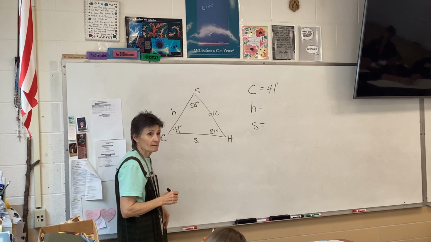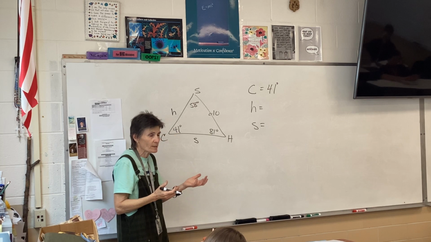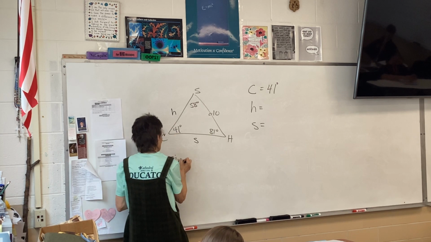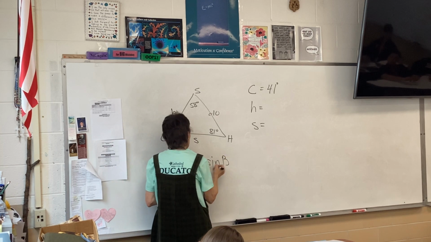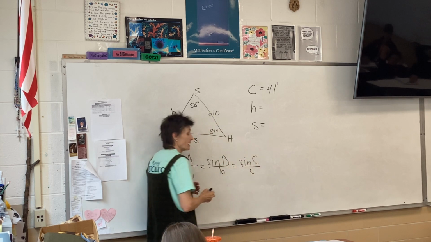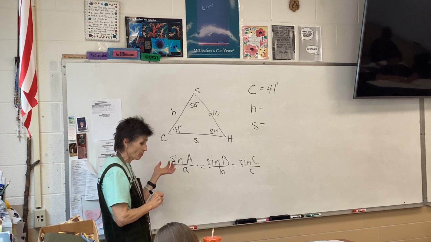Now we have something called the law of sines. Did you do that in geometry? So the law of sines looks like this. It is very easy to use with one exception. But usually the law of sines is super simple.